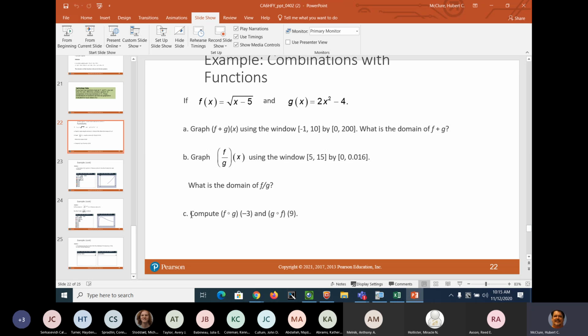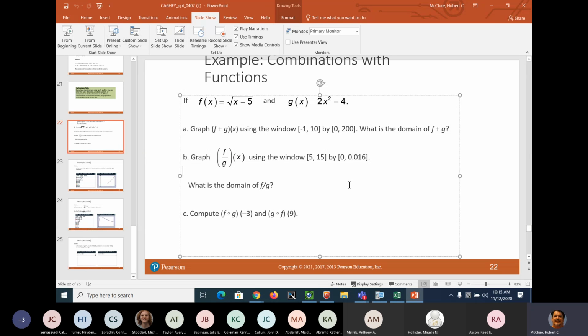Now, this is a good test question right here. So you might want to write that one down. Let's do compute, and I'll write it down while y'all are writing it down. f of x is equal to the square root of x minus 5, and g of x is equal to 2x squared minus 4.